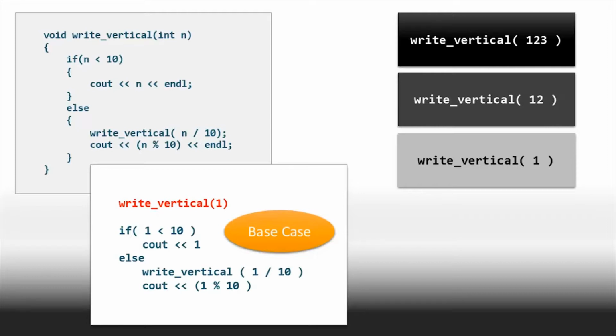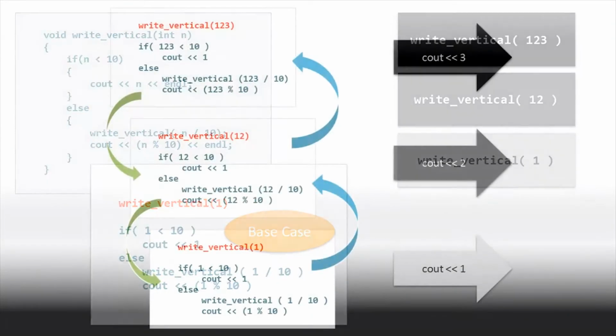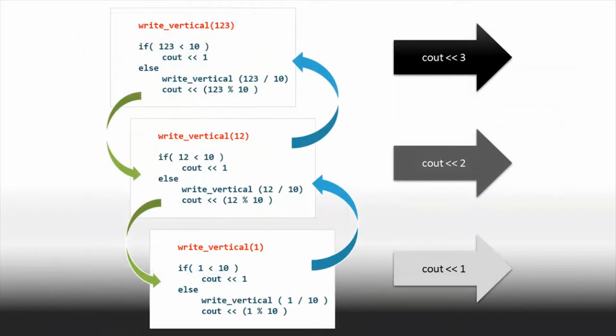And so that gets us the vertical 1, 2, and 3 as each of these things is popped off the stack and written out to the screen. So the 1 would come first, then a new line would be processed, 2 would come second, a new line, and then 3 would come third, and output that out to the screen.